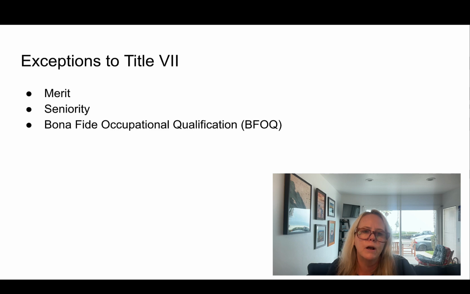And the last is what we call a bona fide occupational qualification, or a BFOQ. A BFOQ basically says that in order for somebody to work in this job, we need them to meet a certain criteria. So, for example, it is perfectly fine for a lingerie store to say, we are not going to hire males to work as changing room attendants.